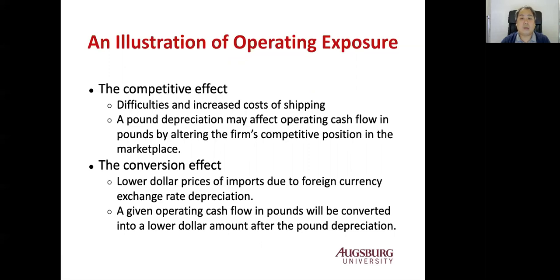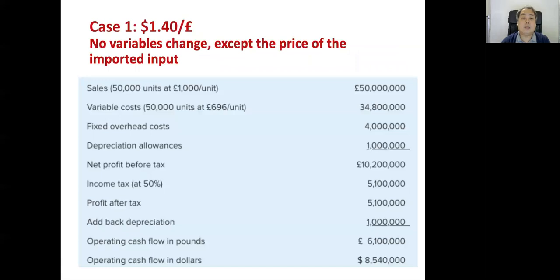So we can actually divide the case. Maybe we set up three cases, a scenario analysis again, and calculate again the operating cash flow in pounds and dollars. Let's say there are no variable changes except the price of the imported good.